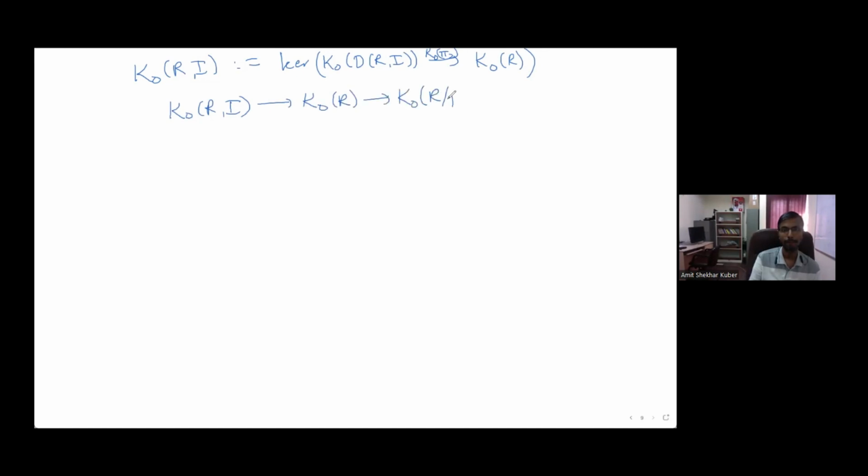So the relative K group K0 of this pair R comma I is defined to be the kernel of K0 of pi2, the kernel of the map of K0 of DRI, and this is K0 pi2 to K0 of R. So if you take this, then you will get that this three-term sequence is a long exact sequence, which means the image of this is same as the kernel of this.